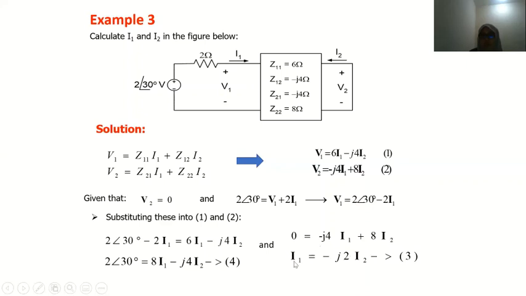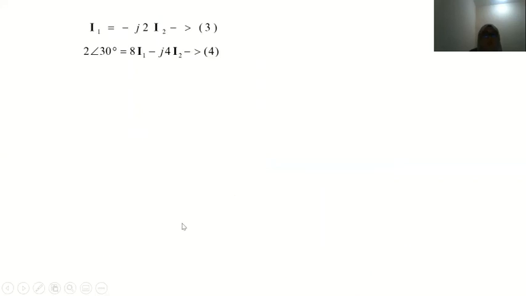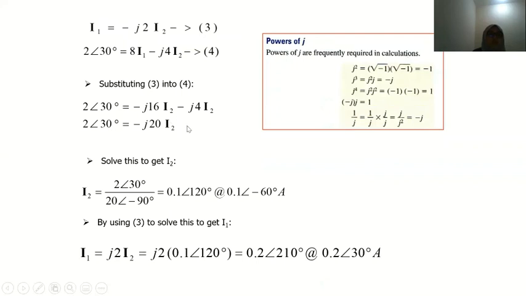From here we can have I1 equivalent to minus j2I2. So you have your third equation and your fourth equation here. You substitute your third equation, I1 equal to minus j2I2, into your fourth equation.